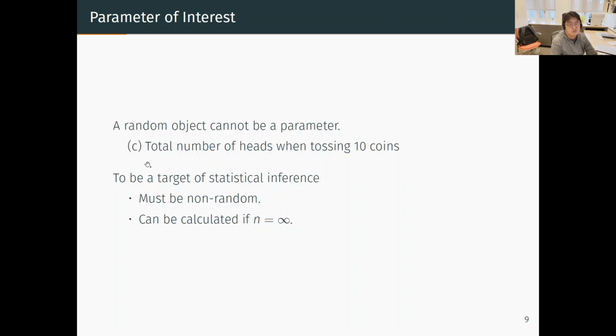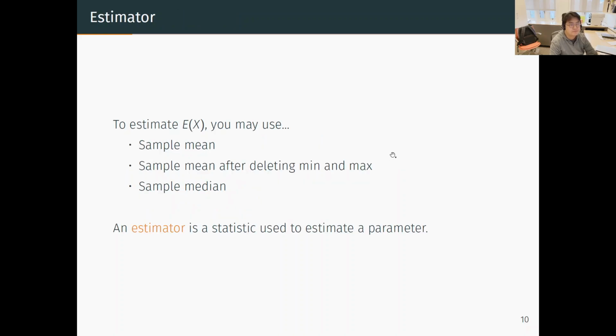For example, you could estimate the expected number of heads. If you change the phrase to expectation, mean number of heads, right? Then you can estimate that, but just a simple random number cannot be a parameter, cannot be estimated.